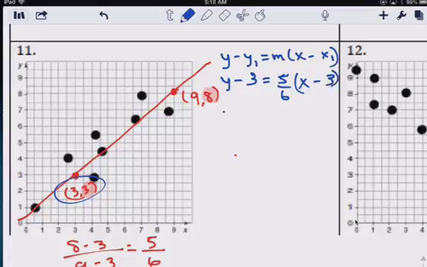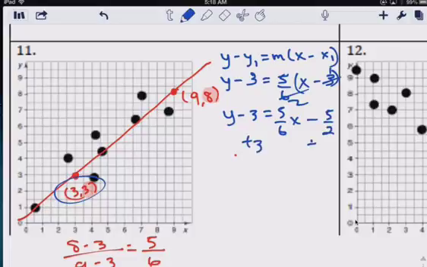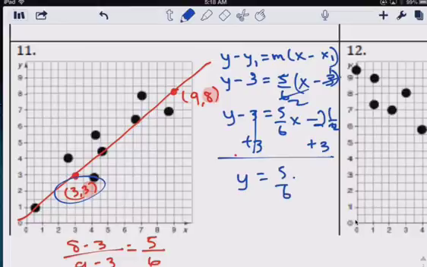Okay. y minus 3 equals 5 over 6 x. Cross cancel, that gives a 2, that's a 1. Minus 5 over 2. Add 3. Now 5 over 2 is 2 and 1 over 2. That leaves y equals 5 over 6 x plus a half.